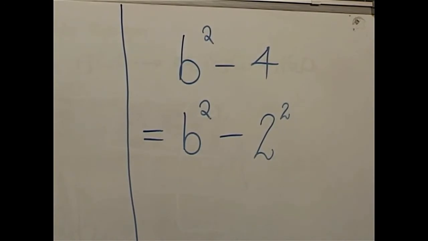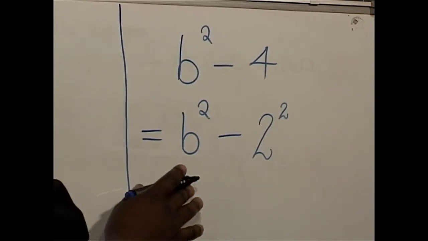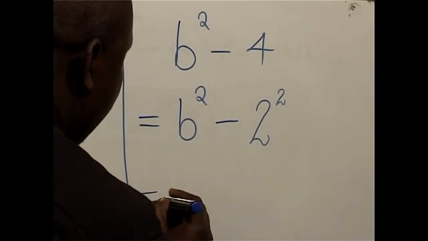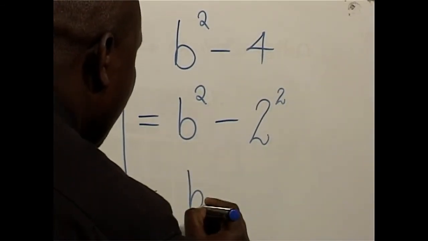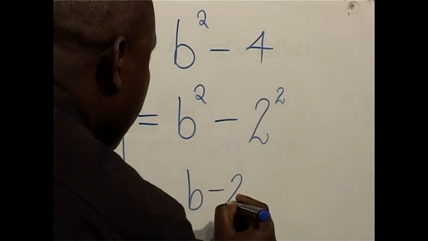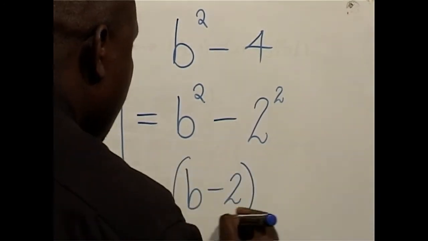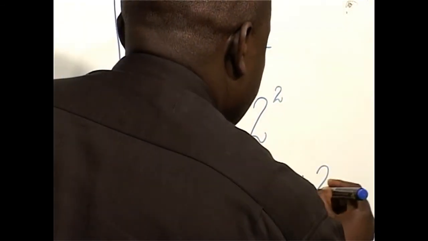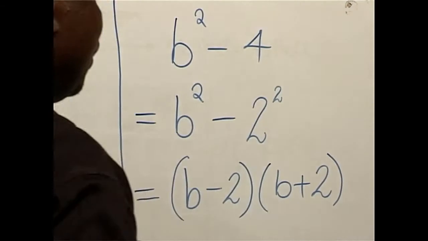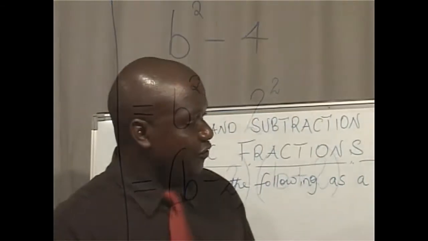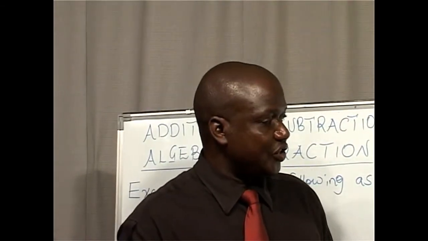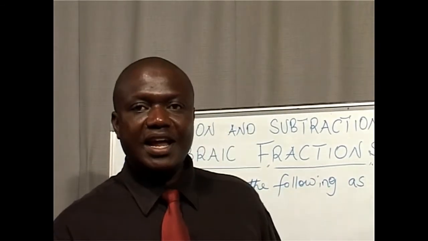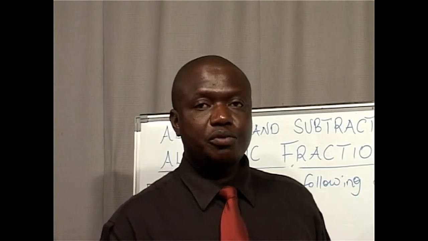And whenever you are factorizing a difference of two squares, when you reach this stage, the factorization is going to come out as the product of b minus 2 and b plus 2. So those of you who got this as the solution, that's very good. And those who failed, hard luck. Next time, you will do better.